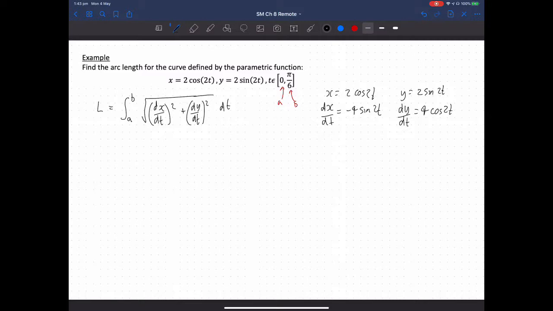So now we can substitute into our formula. The integral from a was 0, to b was pi on 6, square root of (dx/dt)², so minus 4 sin 2t all squared, plus 4 cos 2t all squared, dt.